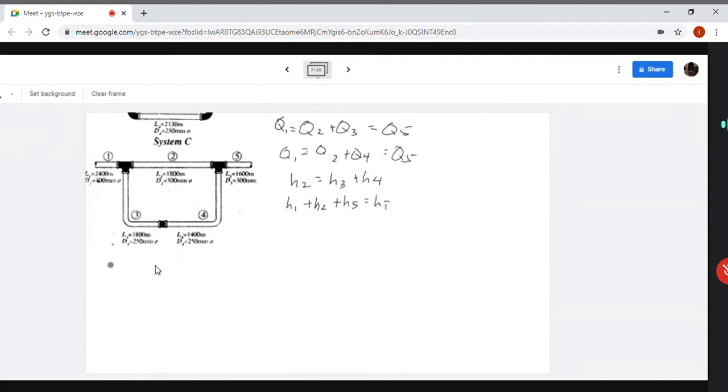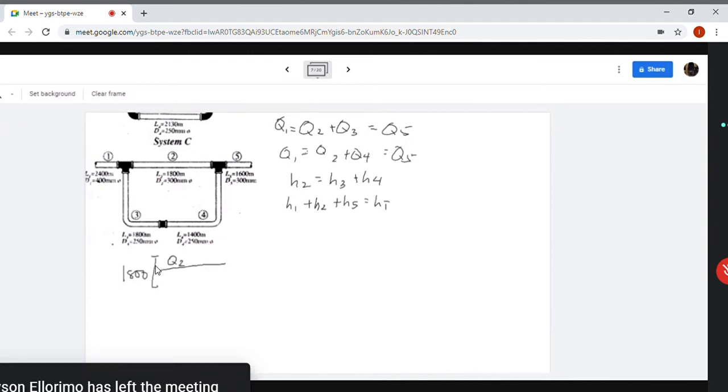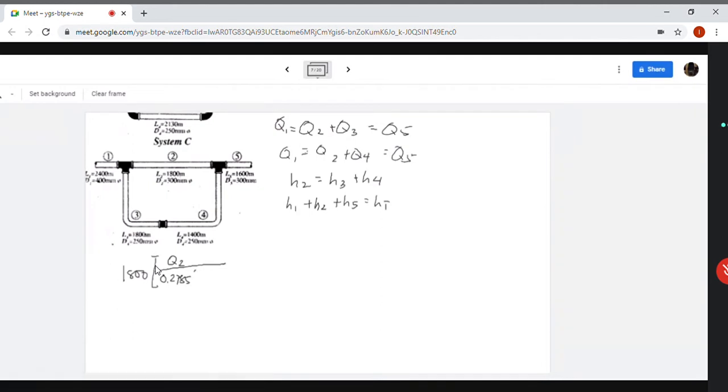Head loss 2: 1,800 times Q2 over 0.2785, C of 120, D of 0.3 to the 2.63, to the 1.85, is equal to head loss 3 plus head loss 4.